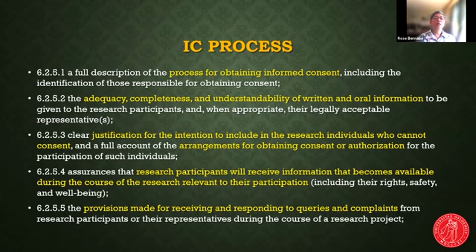Right? Clear justification for the intention to include in the research individuals who cannot consent, and a full account of the arrangements for obtaining consent or authorization for the participation of such individuals. We saw this earlier. Potential research participants who are unable to consent must be included in a trial only when it's justifiable to do so.